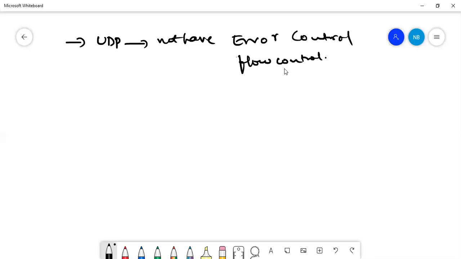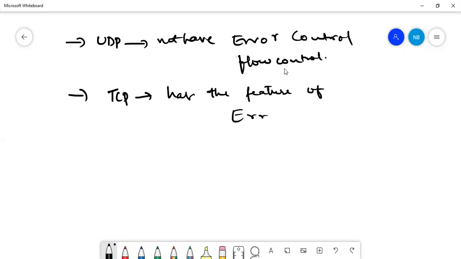What about TCP? TCP has the feature of an error control mechanism as well as a flow control mechanism.